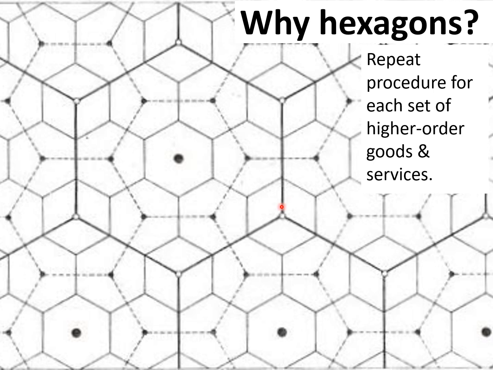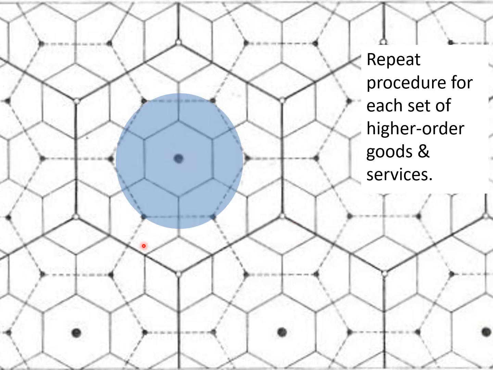We could also repeat this procedure for each set of higher order goods and services. So we could start with the lowest order goods and services, which we had here. We can move up to the next level, and so on. So we could end up with whatever level that is. We draw our circle. It would roughly correspond to one of these points being underneath that.